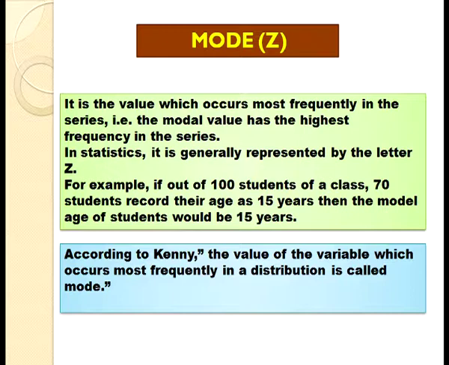So it is the most occurring value in the series. According to Kenny, the value of the variable which occurs most frequently in a distribution is called mode. So we have learned the value which occurs the most in the frequency is known as mode.